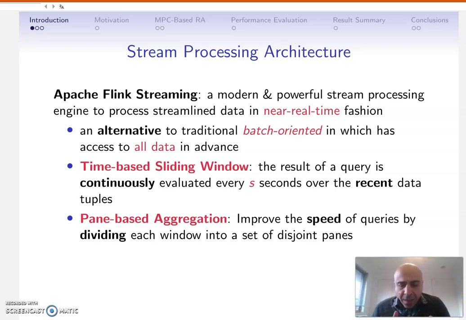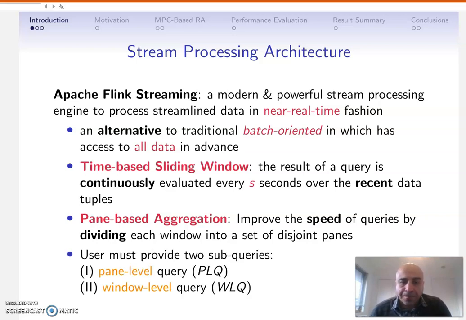Instead, you divide this sliding window into smaller windows, which we normally call panes. During each pane, we run some functionality, which is called pane-based aggregation. These panes are smaller parts of a sliding window, and you start running every W seconds, which is the size of your pane.